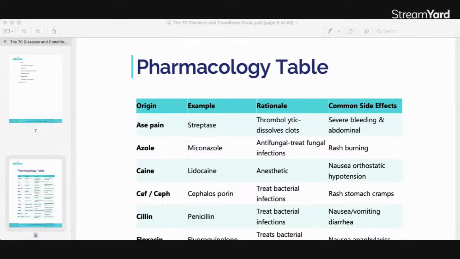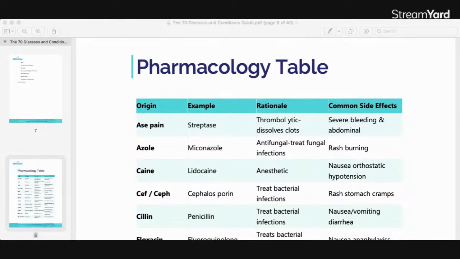So typically what people do is they just memorize one medication at a time, but that's not something I recommend that you do. Instead, you should try to identify ways to make it easier to remember the drugs.